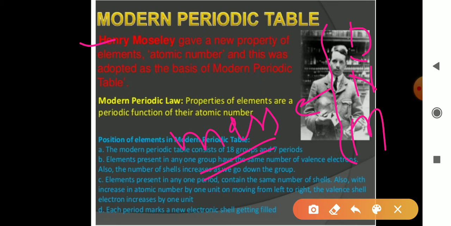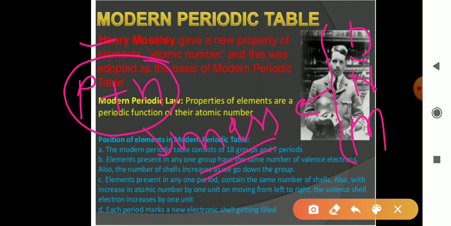Atomic mass is the number of protons plus neutrons in the nucleus, that is, their addition is called the atomic mass, and atomic number is either the number of protons or the number of electrons. Now the fourth scientist, Henry Moseley, based his concept on atomic number and not on atomic mass.